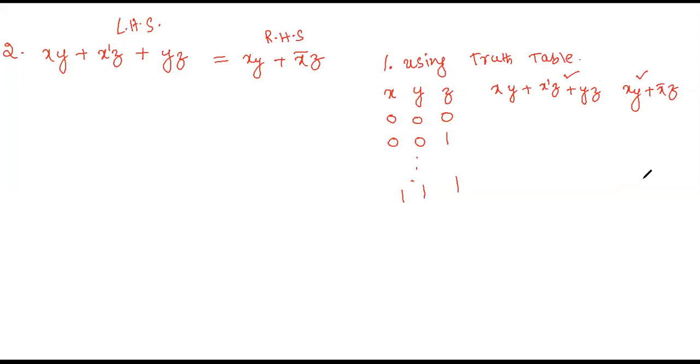This is one method of proving, using a truth table. Second method, using Boolean algebra rules.